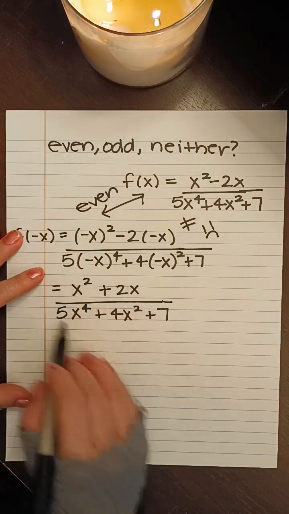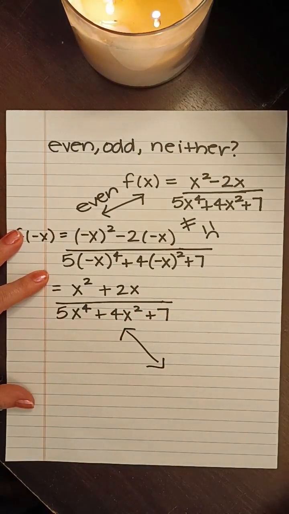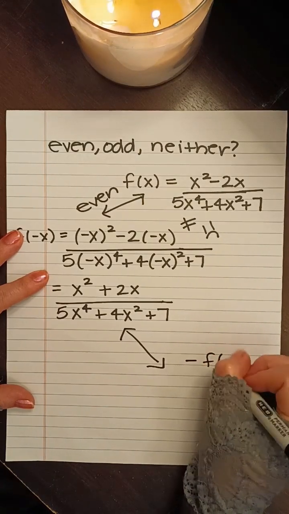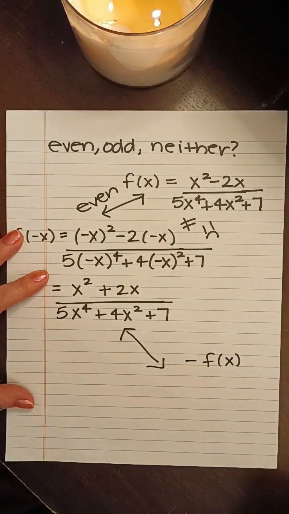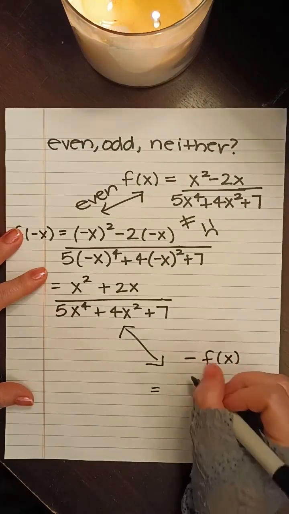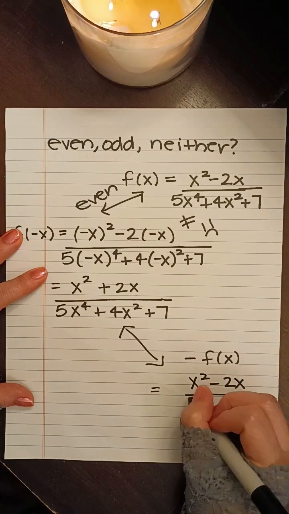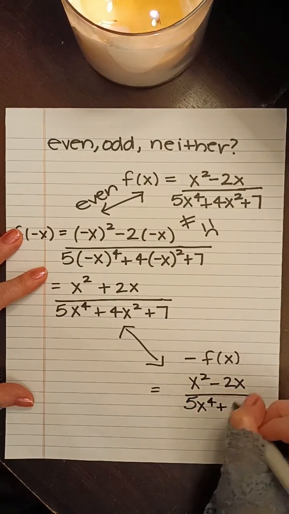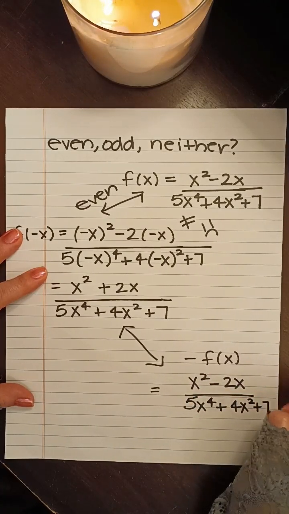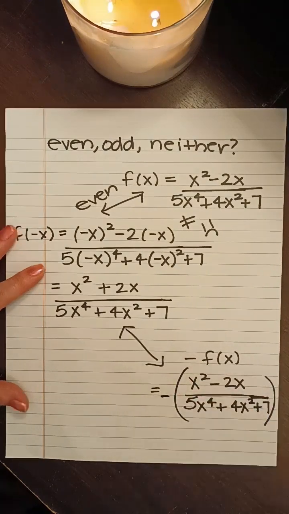Then we need to see if f of negative x is the same as the negation of f of x. So what I would do is I would take f of x, so x squared minus 2x over 5x to the fourth plus 4x squared plus 7, and multiply it by negative 1.